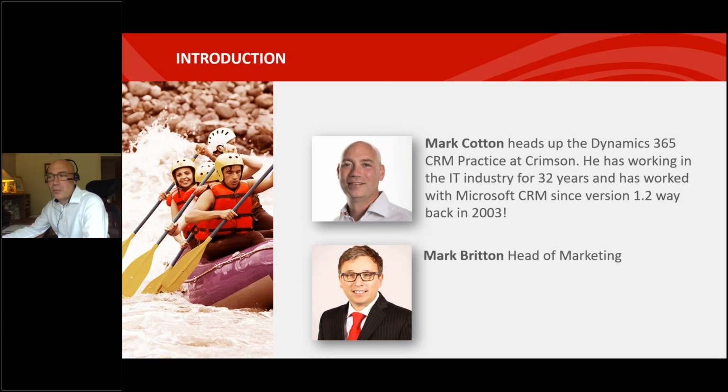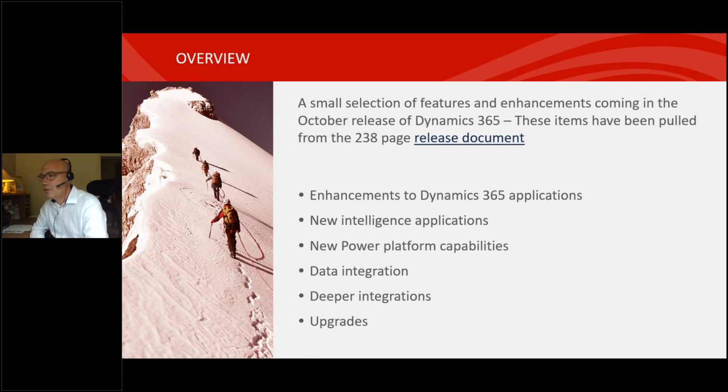Okay, so we're talking about what's coming up in the October release of Dynamics 365. Microsoft have released a document that details all of the upcoming enhancements and features. It's a 238-page document, so it takes some reading, and a lot of it relates to things other than what we know as CRM.